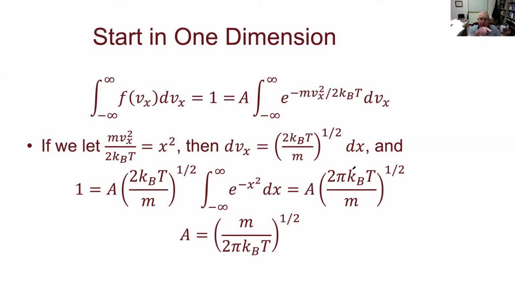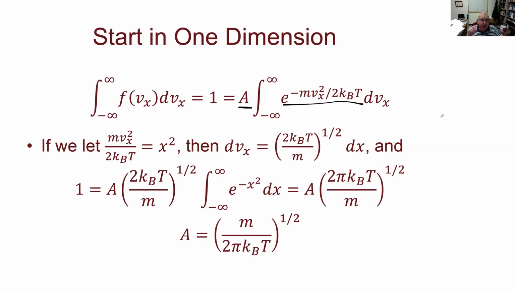If I'm just going back and forth across something, I have to allow for the fact that I'm either going from left to right or from right to left, okay? If I take that situation, I want to do the integral then from minus infinity to plus infinity. I want to take this expression that's up here. My A is my normalization constant. That's what I'm trying to find. And I just put my e to the minus m v_x squared over 2kT up there and so on. When I do that, I get this integral.